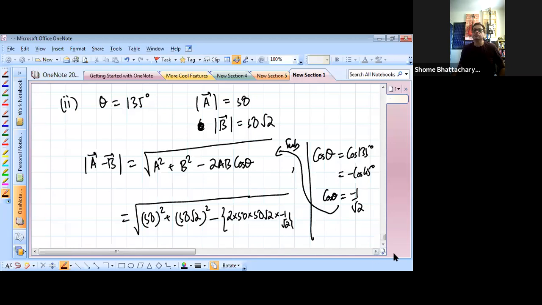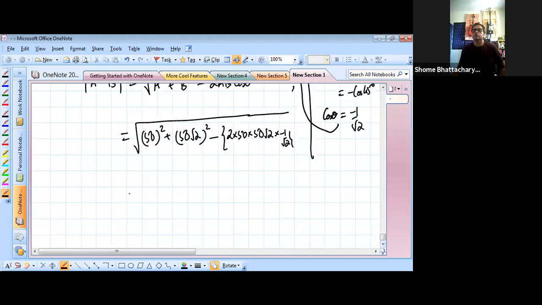When we substitute this, we get this. So this time, we take 50 common. It is 1 plus 2 plus of this, because the minus minus sign cancels. It becomes 50 root 5. This is the magnitude of A minus B.